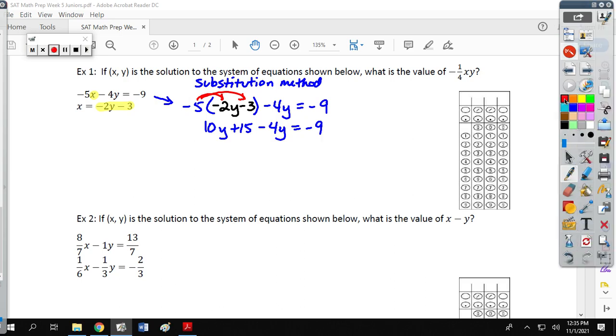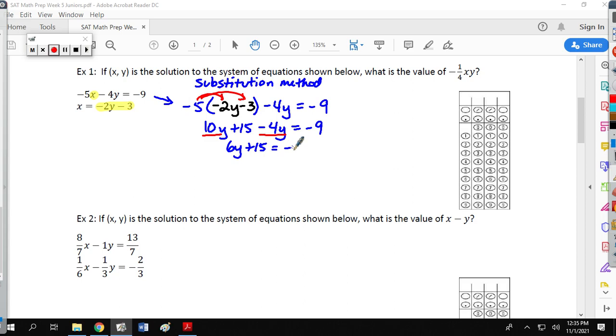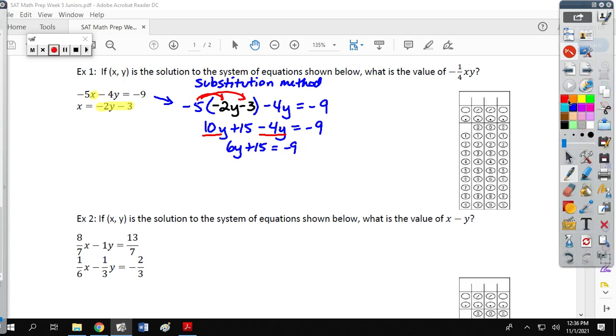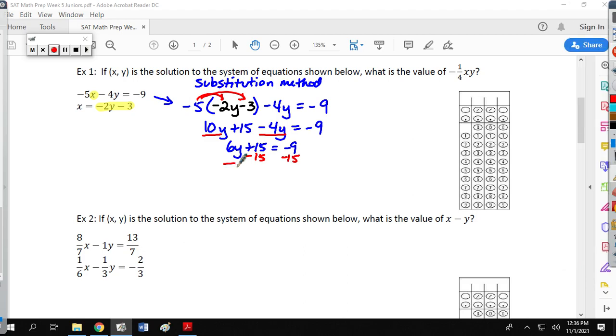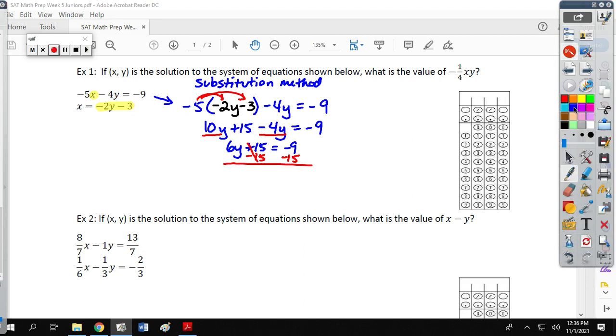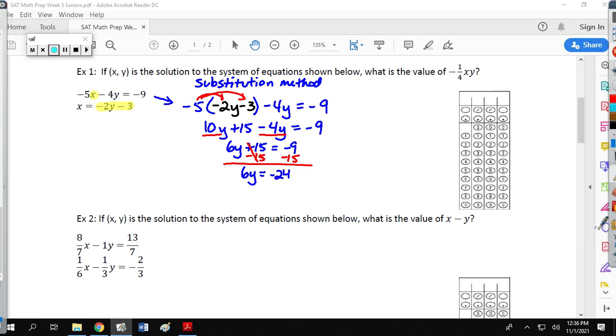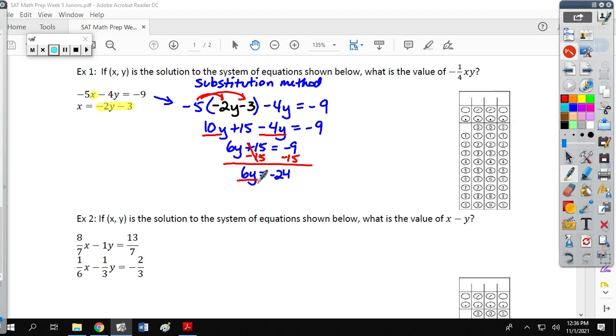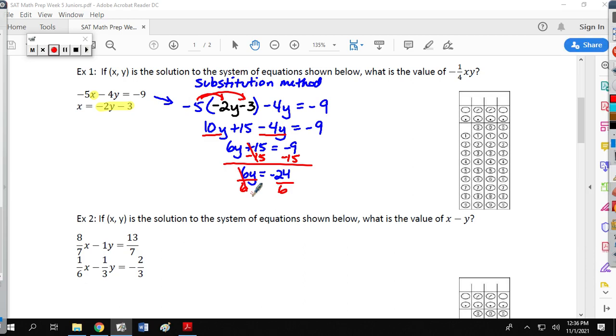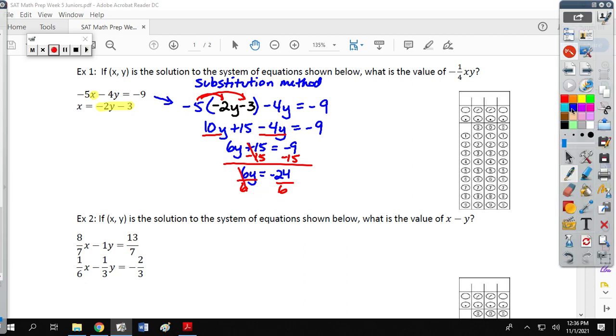Combining like terms, 10y minus 4y gives us 6y plus 15 equals negative 9. It's a 2-step equation, so we subtract 15 from each side, giving us 6y equals negative 24. Then we divide by 6, which gives us y equals negative 4.